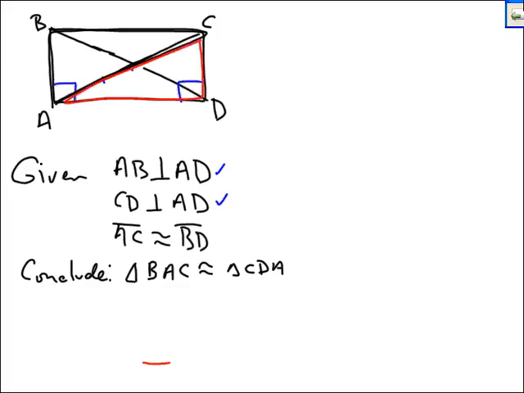You want to show that they are congruent. So AC, I'm looking right here, I'll call them triangle 1, triangle 2. AC is the hypotenuse of triangle 1, and AC is the hypotenuse of triangle 2. And they're equal.